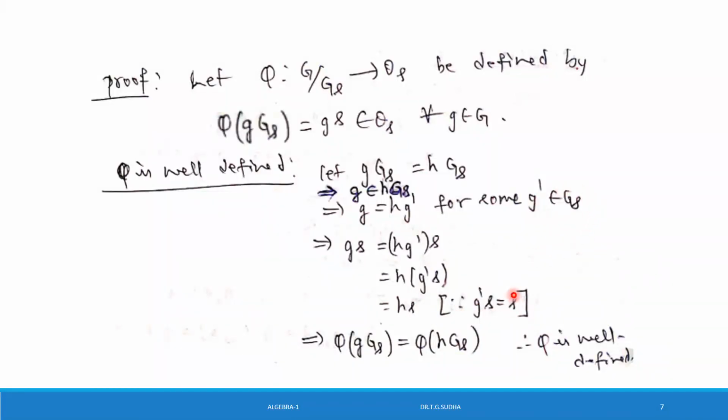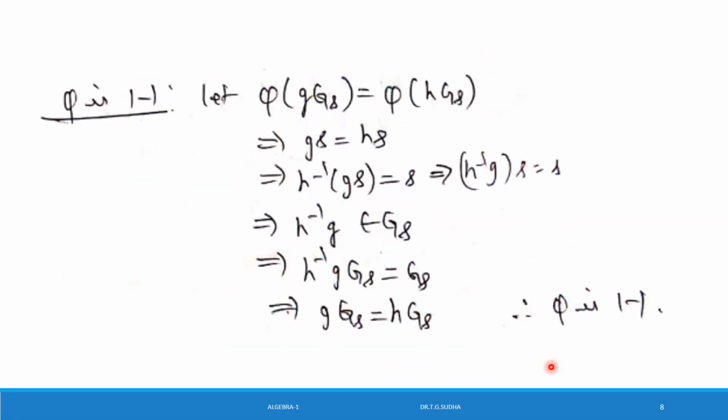Therefore, g' fixes s. That is g's is equal to s. So gs is equal to hs. And this is nothing but phi of g Gs is equal to phi of h Gs. Therefore, phi is well defined.